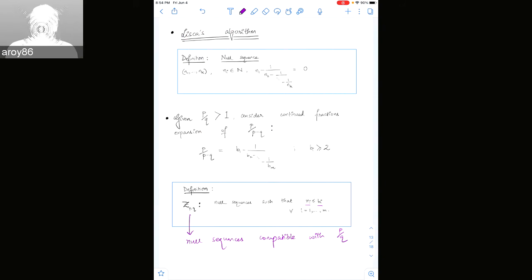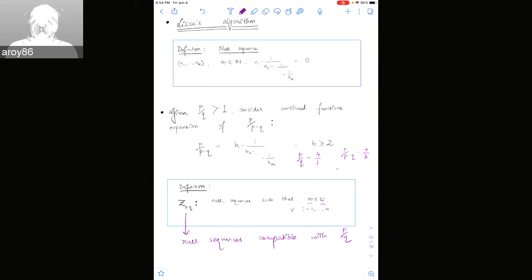A simple example can be if your P over Q is just 4 over 1, then P over P minus Q is 4 over 3. 4 over 3 has the following continued fractions expansion. It can be written as 2 minus 1 over 2 minus 1 over 2.